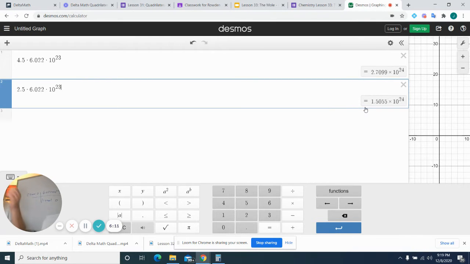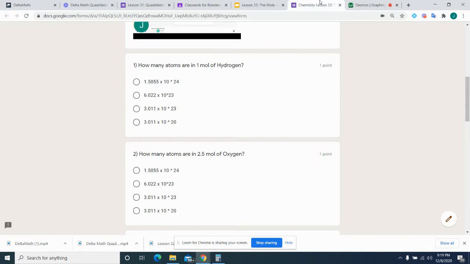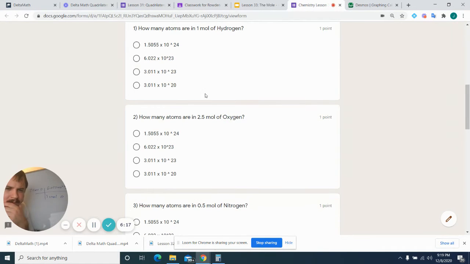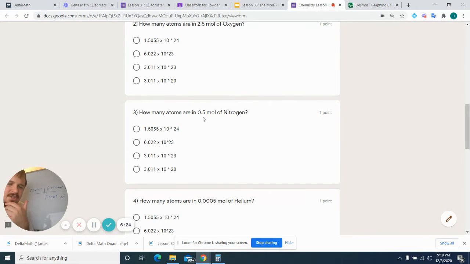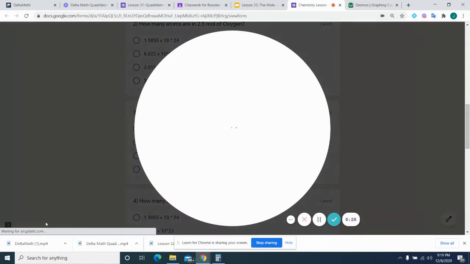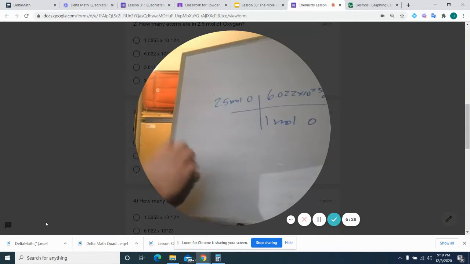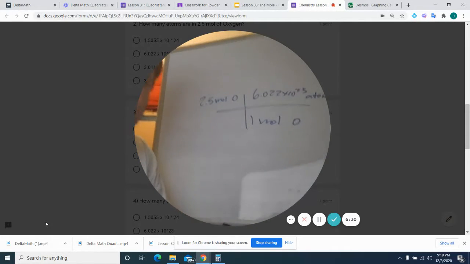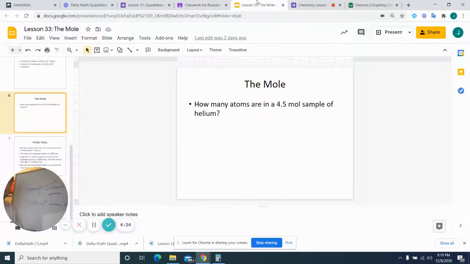And we get 1.5, probably round it to 1.5, times 10 to the 24th. Okay, so it has the whole thing written out: 1.5055 times 10 to the 24th. Now for this one, instead of 2.5 moles of oxygen, I think, was that problem nitrogen?